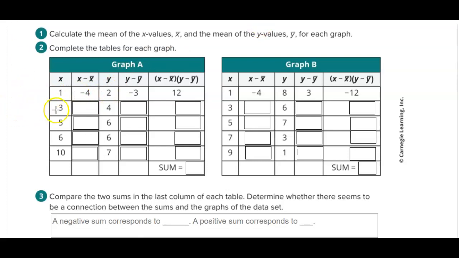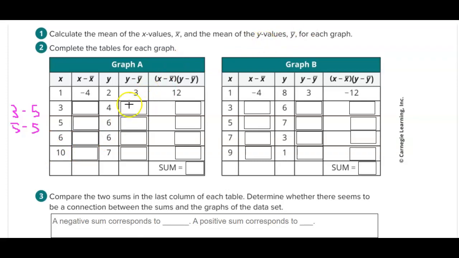So here, you're going to do 3 minus 5, because it's the x value minus the mean, and then you'll put the difference of 3 minus 5 right here. Same here, 5 minus 5. And you'll put the difference of 5 minus 5 here, 6 minus 5 here, 10 minus 5 here.